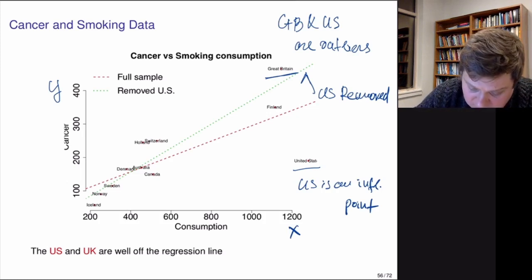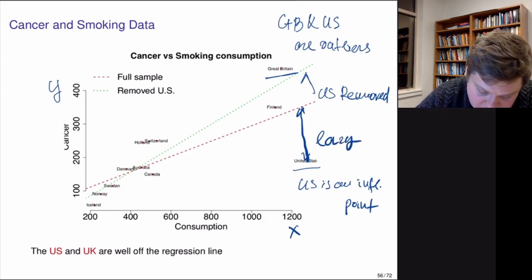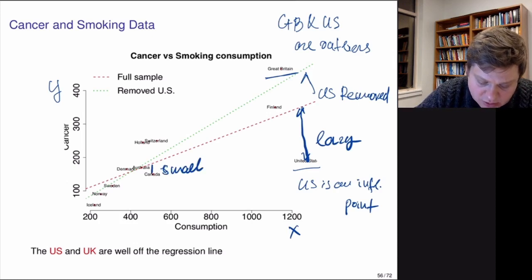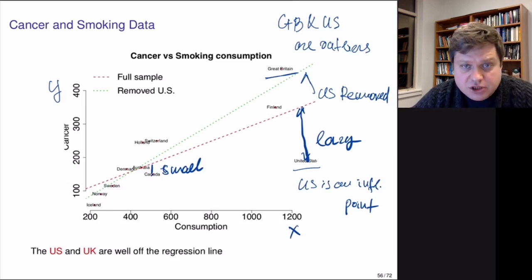It seems like for countries like United States, where we have huge cigarette consumption, this distance to the line is large. So when x is large, the distance is large. And here for Canada, for example, which is much smaller, the distance is small. So the distance between the y and y hat changes from one observation to another. For larger x's, we have larger variations.